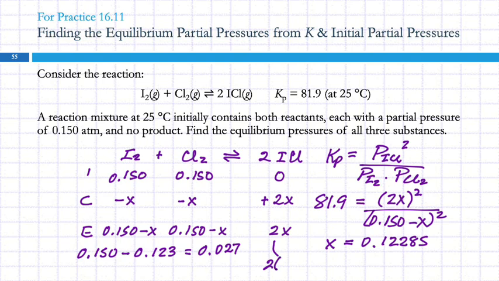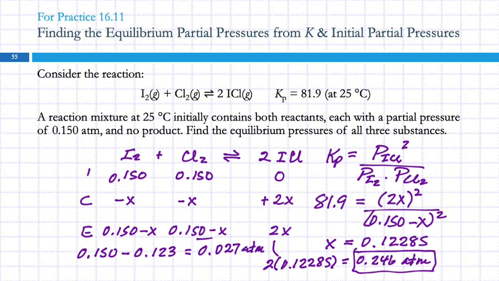And this one's 2 times that, or 0.246. So that's the pressure in atmospheres of the product. And this is the pressure in atmospheres of the two reactants at equilibrium.